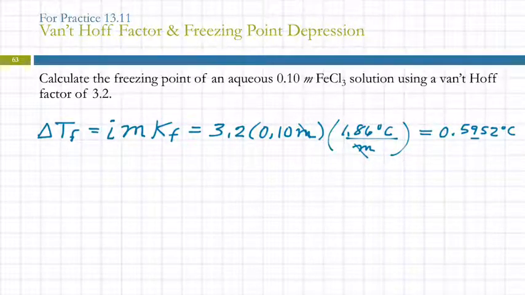Okay? So we have to take the change in the freezing point and combine it with the actual freezing point of the solvent. What's the freezing point of water? 0 degrees Celsius, 32 degrees Fahrenheit. So the freezing point goes down when you add a solute, and so we have to subtract that number.